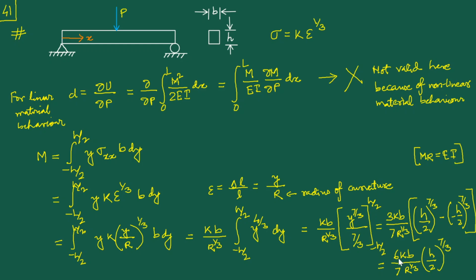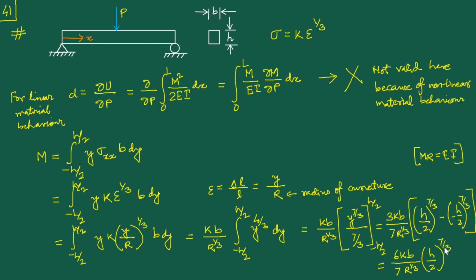This 6, the constant, this k is another constant which is very much part of the material behavior here. The b is also a geometrical constant for our problem because it is just the width of this cross section.